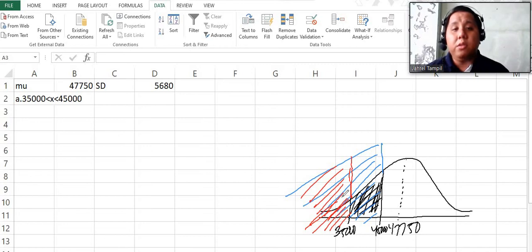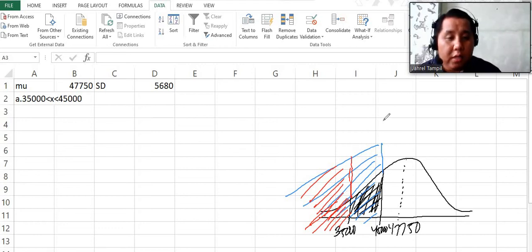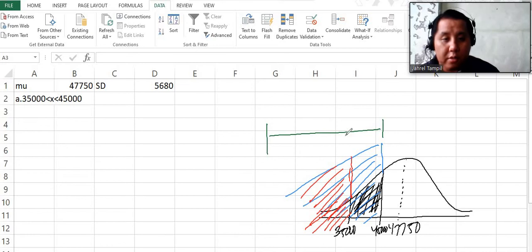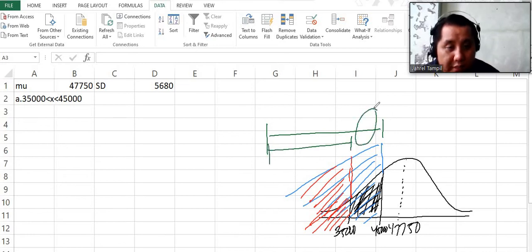So, if you're going to notice, the probability that Excel can only give us is the one in blue and the one in red. How should we now get the probability that we need, which is in color black? What do you notice in the illustration here below? The blue one here, and this is the red one here. But what we want is this specific area.